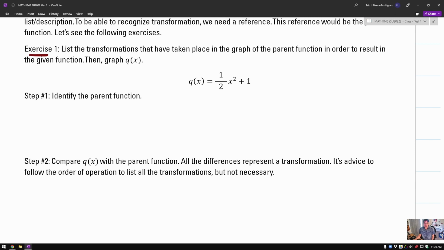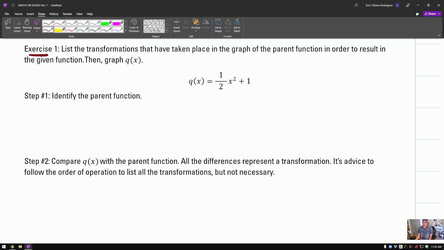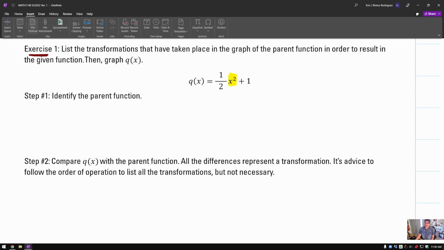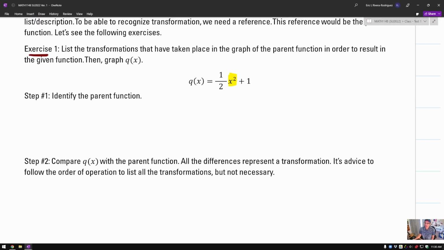This is where you go back to the library of parent functions, that table, because you need to start identifying those key components on any function and putting them together with the library of parent functions. So like Timothy said, the parent function here is x squared. It's a square function.